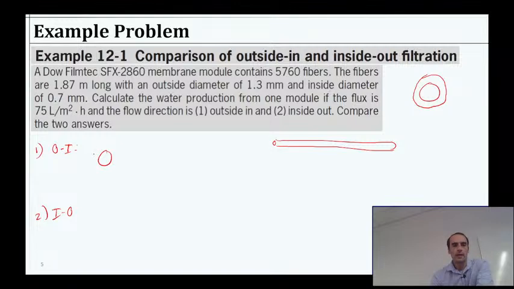If we have a tube, for outside in the water is coming and making its way inside, whereas for inside out, the water is fed in and making its way out.